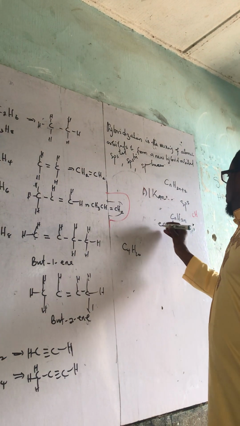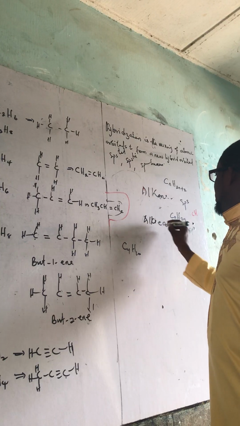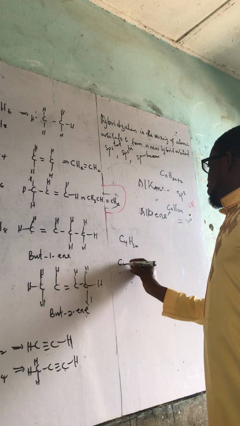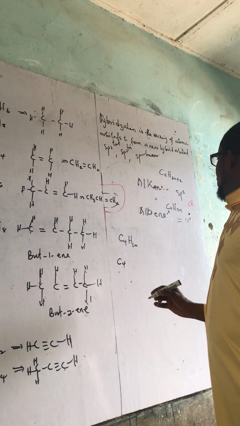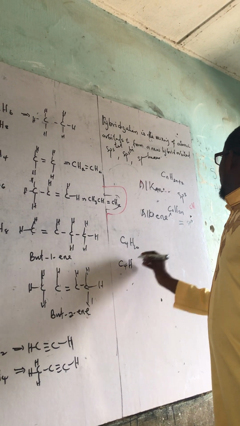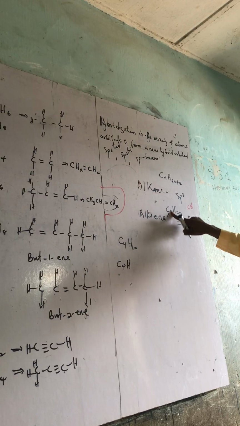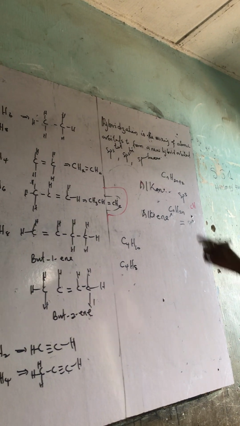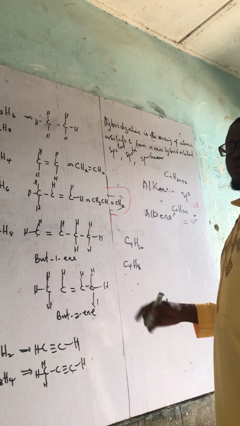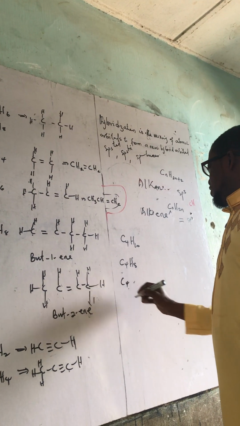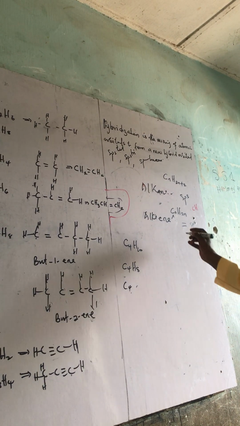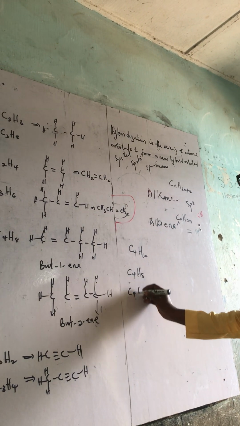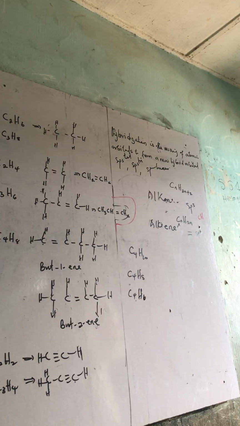Now, let's come to alkene family now. So we want to take butane. So C4, butane, then I'm talking about the family. So C4H8. Then let's talk about butyne, C4H6.